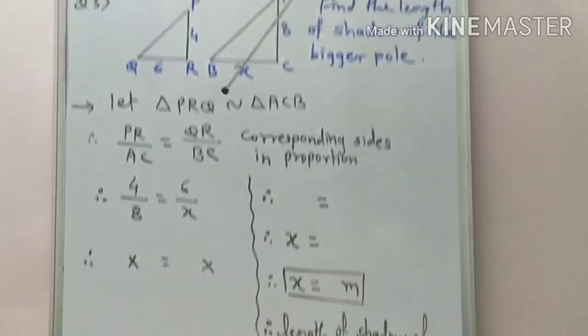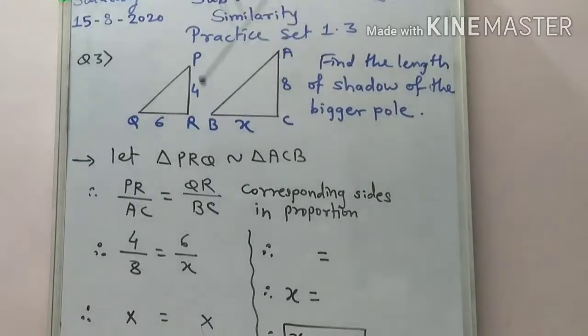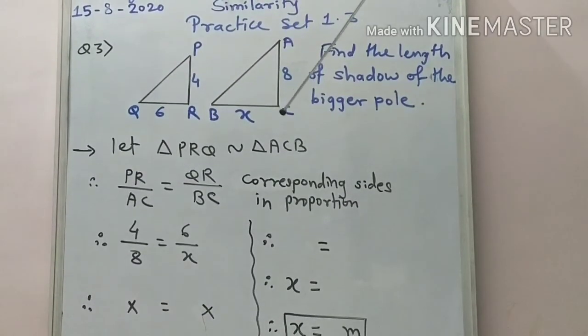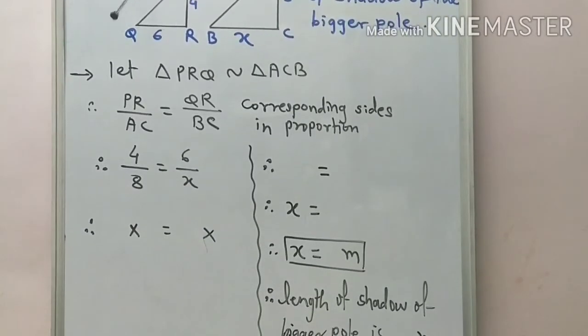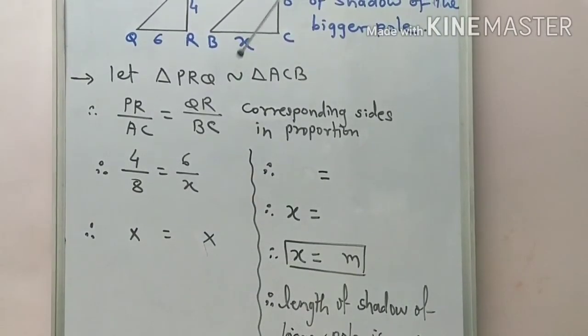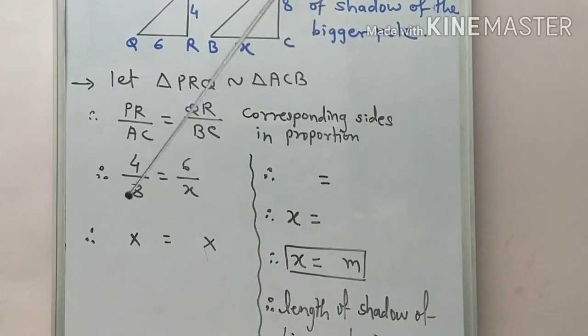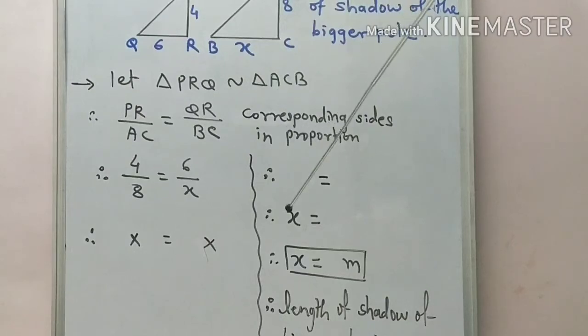PR is given as 4, AC in the denominator is given as 8, then QR is 6, upon BC which is X. As we know, by cross multiplication we simplify it and get the value of X. So try it, students, and give me the answer: what is the value of X?